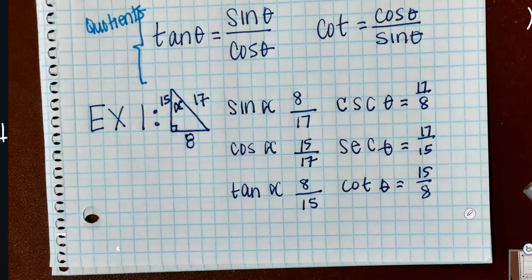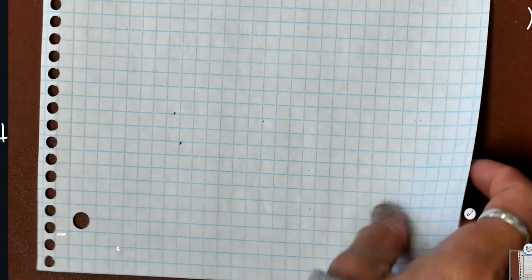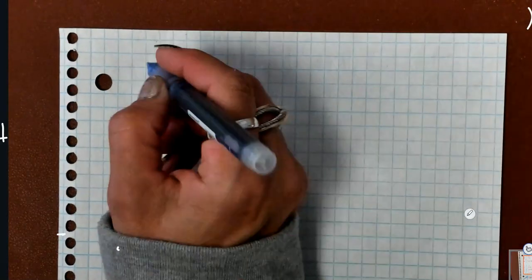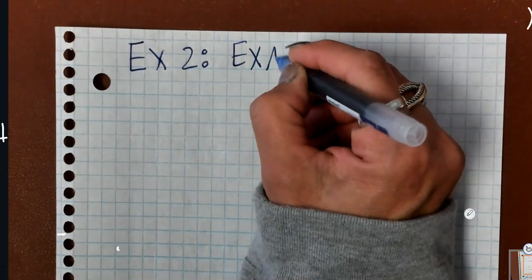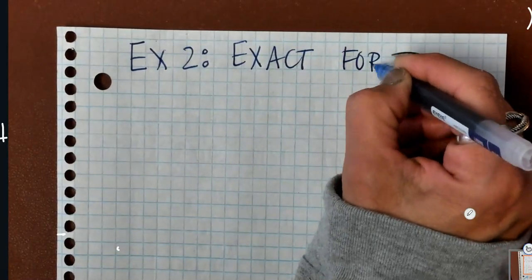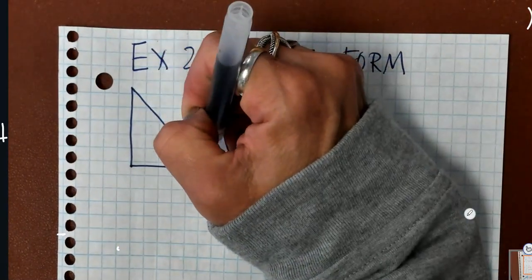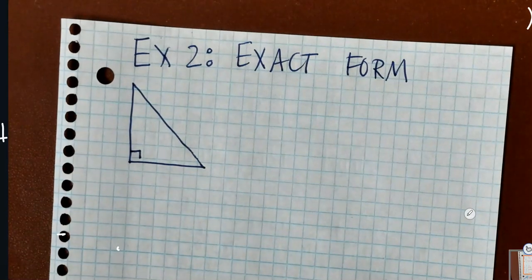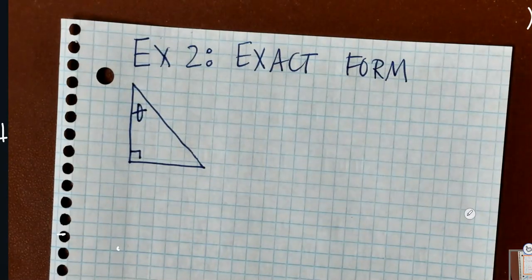Okay, well, let's get out of baby land. Let me show you something. Example 2. We're going to have theta at the top. All right, you need to write all 6 trig functions.